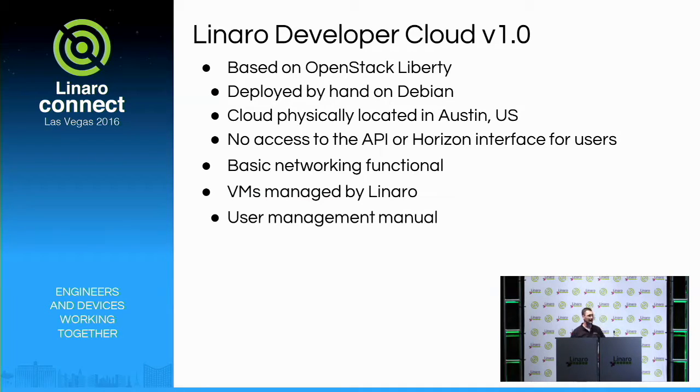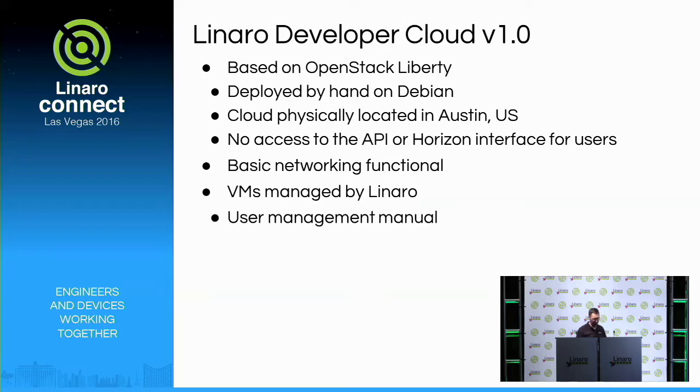So we've got OpenStack deployed within our labs network, and we manage VMs for users on their behalf. It's worked well for us so far, and we actually have a lot of important projects that have taken advantage of this and have been able to port features to ARM for us.